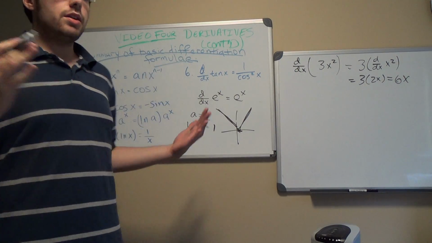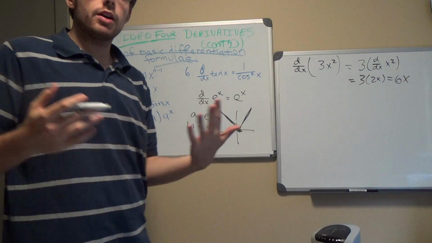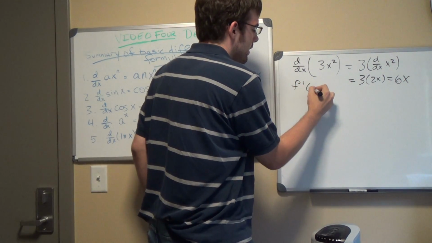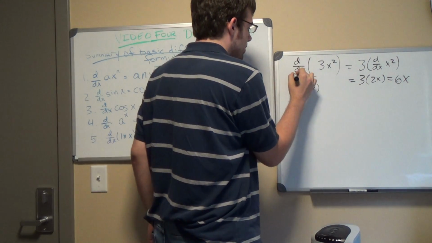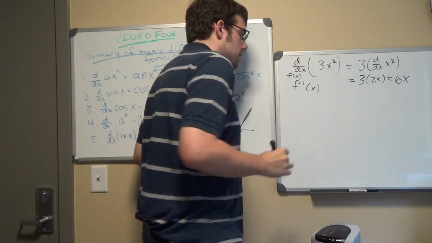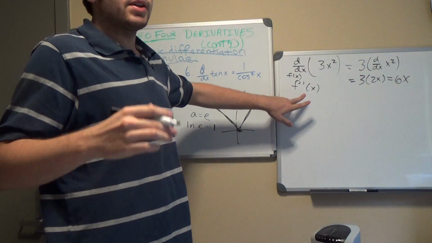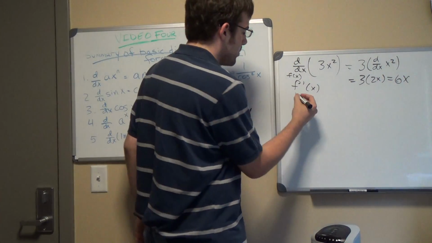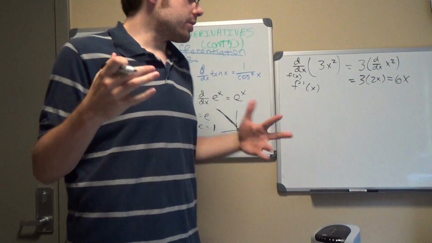So another way they can write a derivative is f prime of x. If the function is f of x, the derivative is f prime of x, and the reason why we do this is for bookkeeping purposes, because there's something called a second derivative.